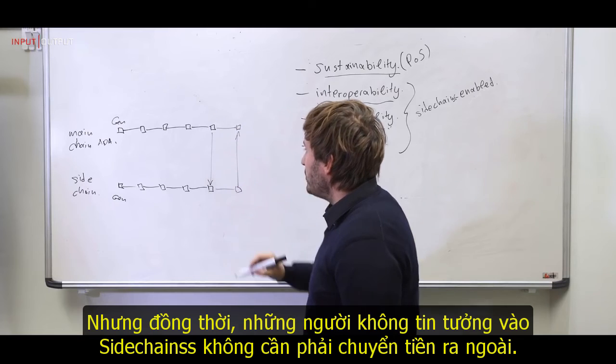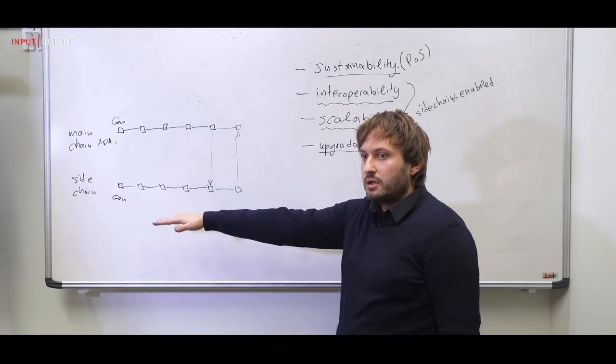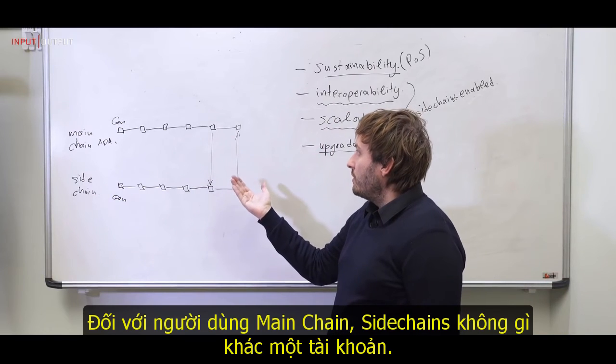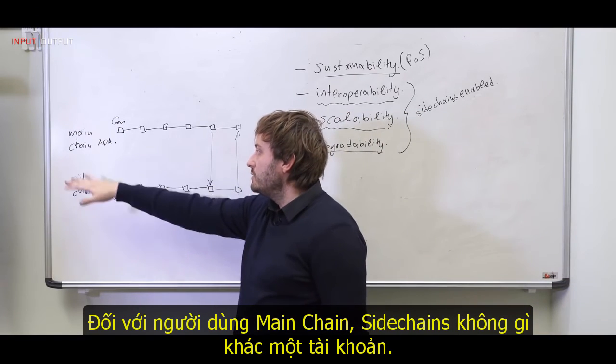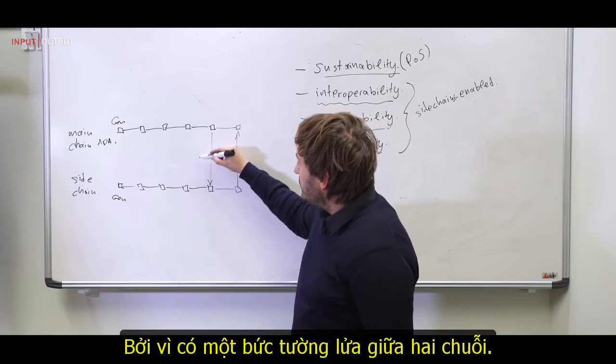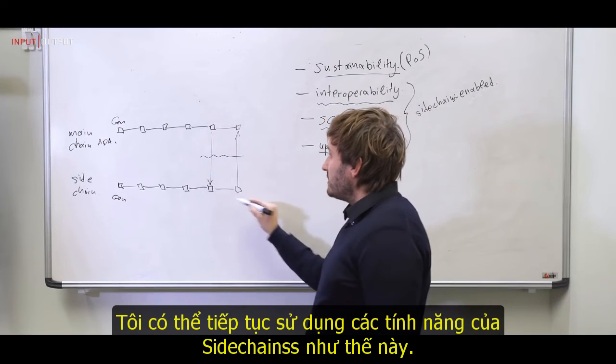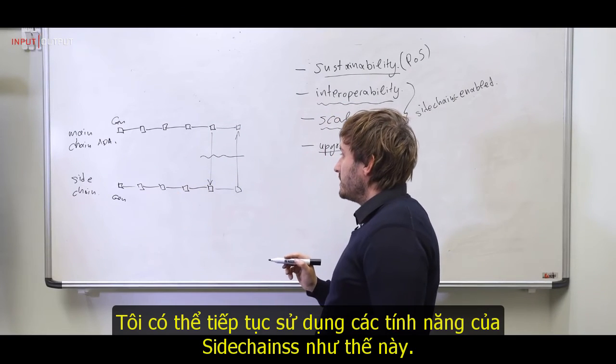But at the same time, the people that don't trust the sidechain don't have to move money out. For the purposes of a main chain user, the sidechain is nothing more than an account, right? Because there's a firewall between the two. And so I can keep using the features of the sidechain like this.